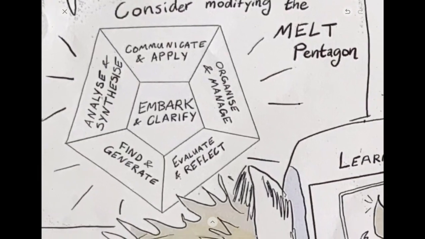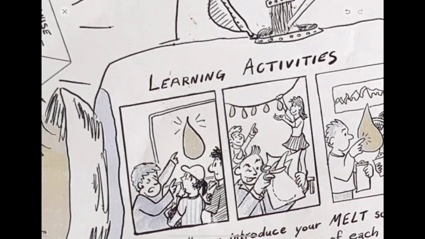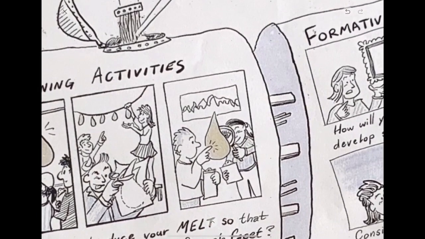What MELT can do is provide us with a beautiful insight into classroom learning activities, both the teacher's planning of those and the students' engagement in them and their sophisticated thinking.